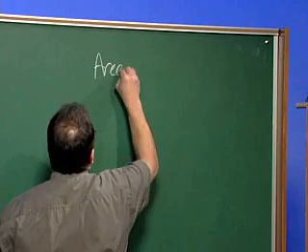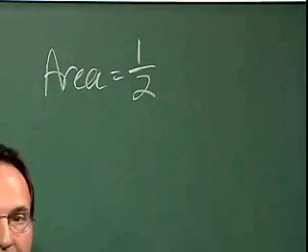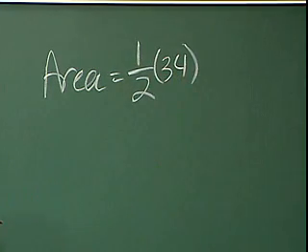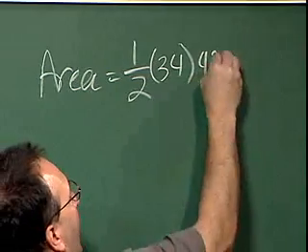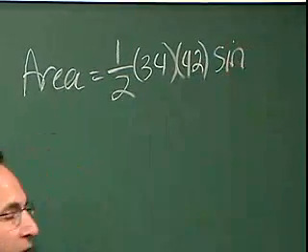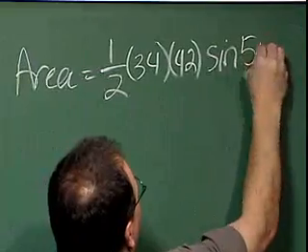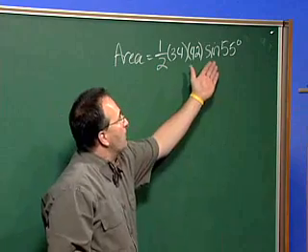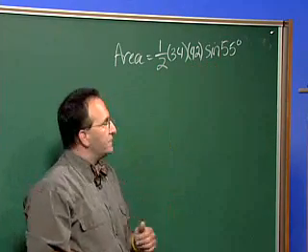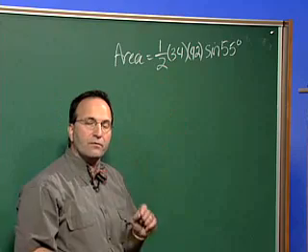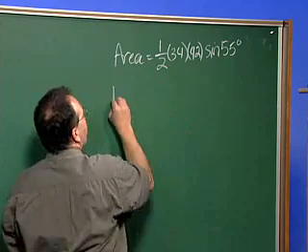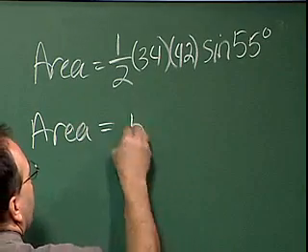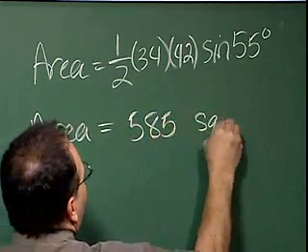Area equals 1/2 the product of the two sides, 34 times 42 times the sine of the angle between them, which would be 55 degrees. So you work all of that out, obviously using your calculator for the sine of 55, multiplying by the 34 and the 42, and then dividing that all by 2, you'll find that the area of this triangle is equal to 585 square feet.